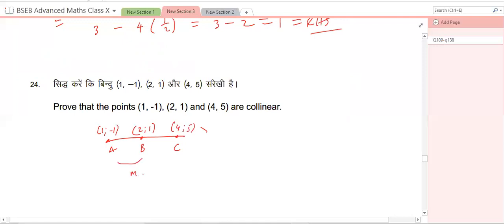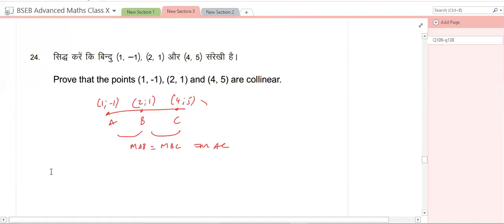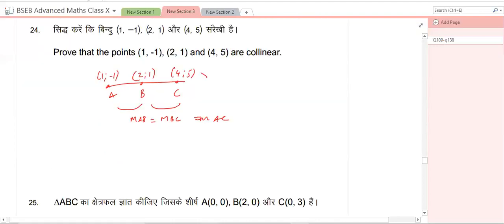So gradient of AB equals gradient of BC. There's one more combination here, gradient of AC. So let us look at the gradients of any of these two.